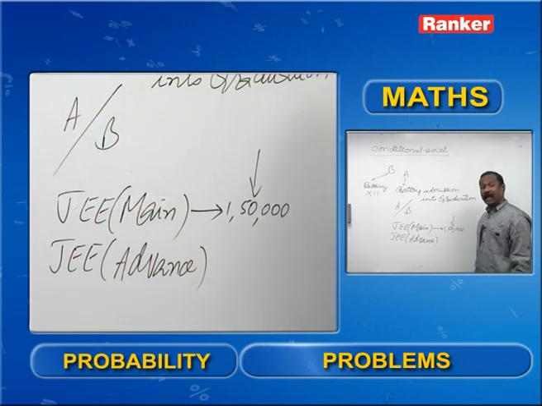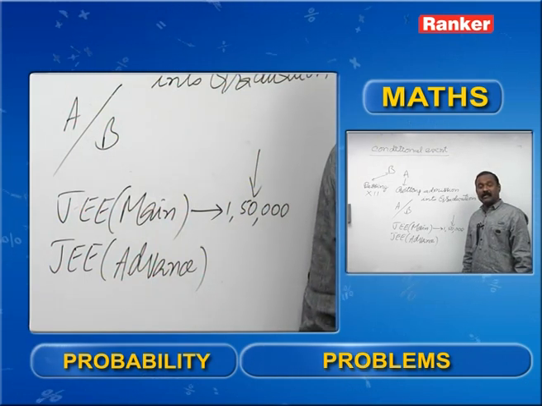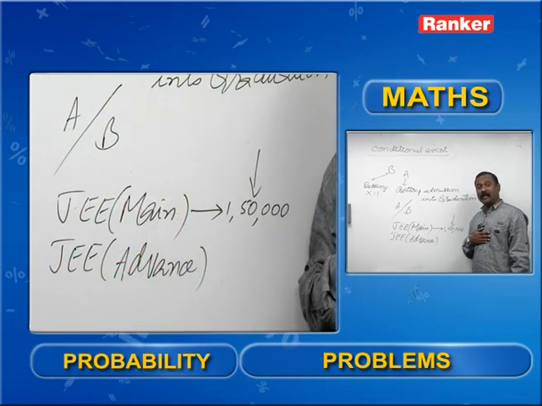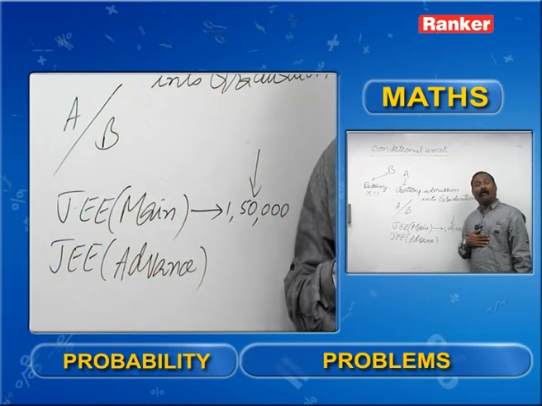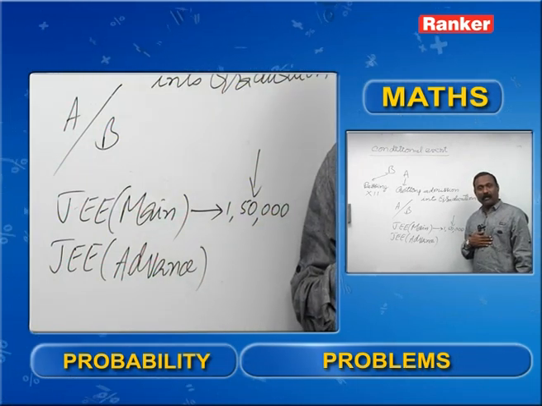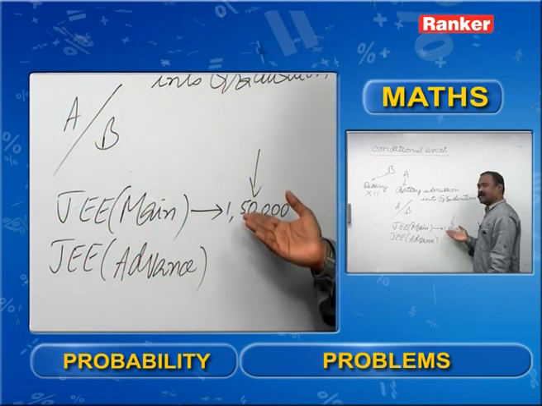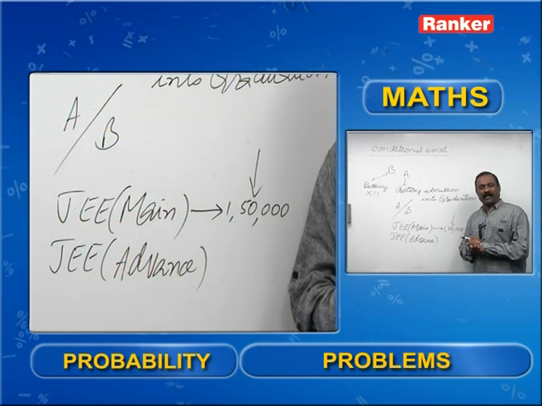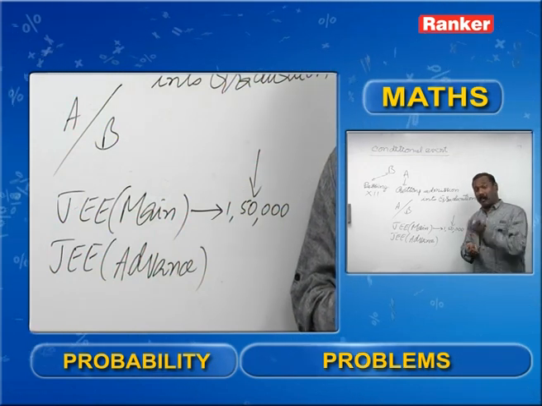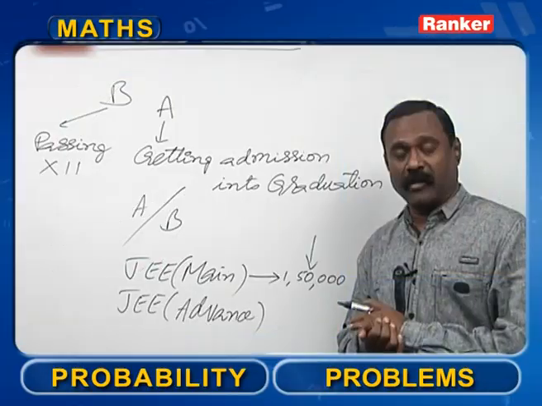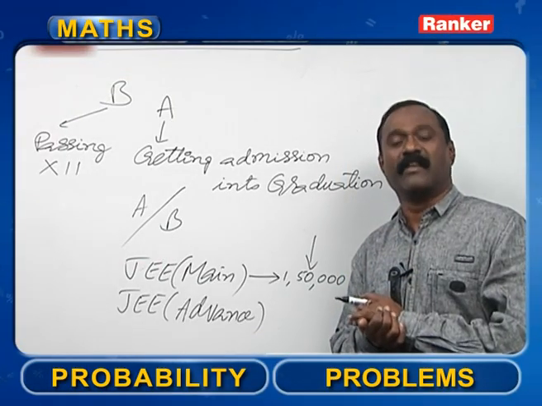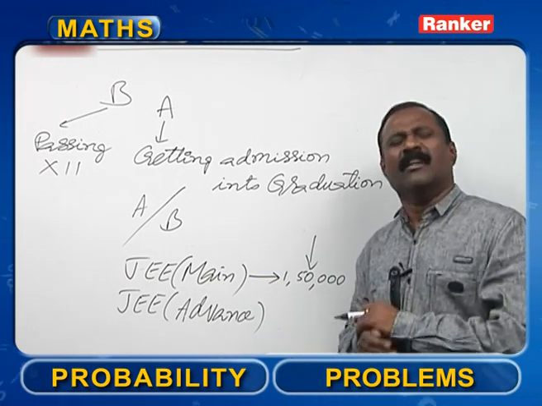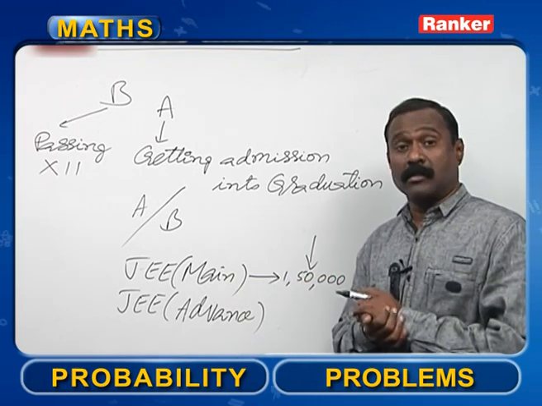If 20 lakh students are appearing, you must be below 1,50,000, or if you come under non-reserved category, you must be among the top 75,000 students. If you belong to reserved category, they generally take up to 1,50,000.